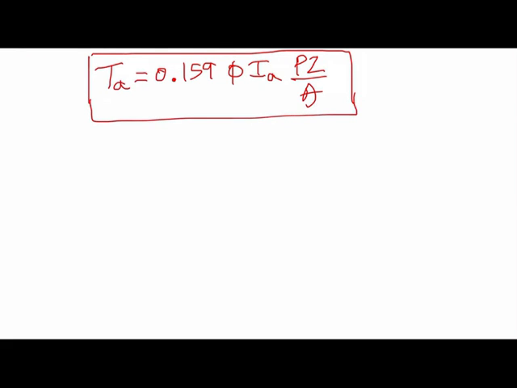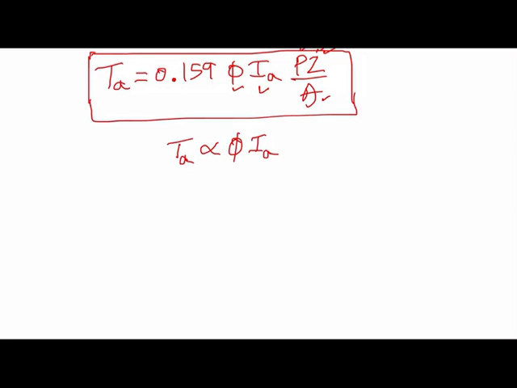If you look at the equation, the torque developed in the armature depends on the flux per pole, the armature current, the number of poles, the number of conductors and the number of parallel paths. Once you design a DC machine, the number of poles will be constant, the number of conductors will be constant, and the type of winding remains constant. So we can say that the torque developed in the armature is mainly dependent on flux and the armature current.